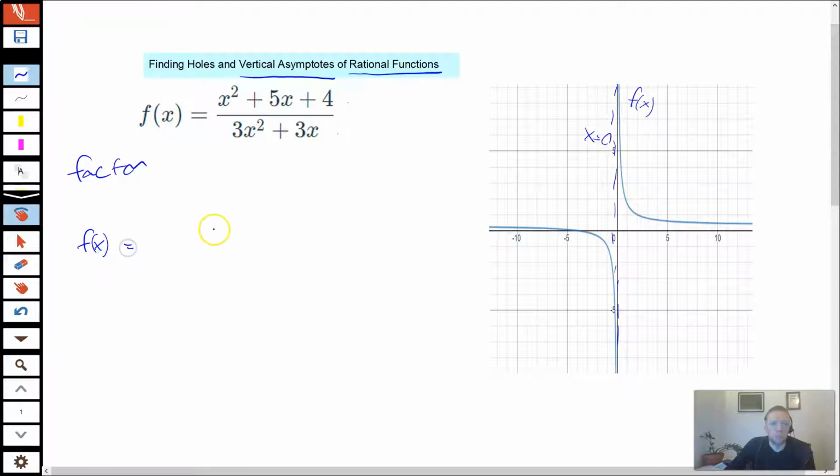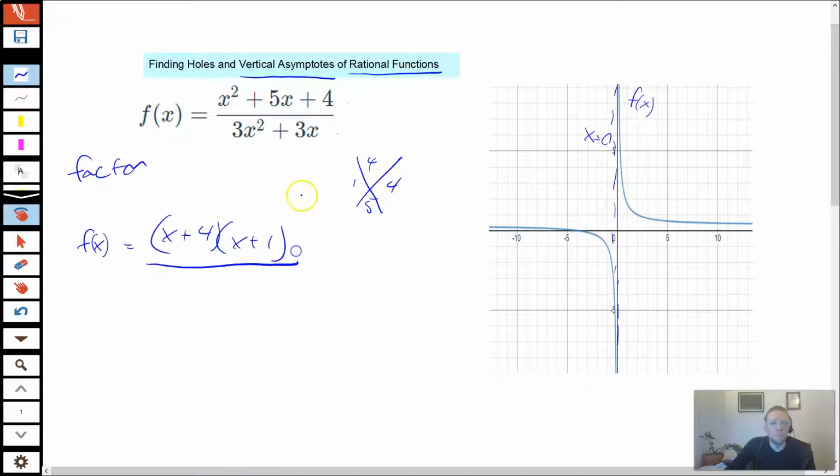So f of x would be, on top, well, x plus 4 times x plus 1. And remember, all I did there was use your X method that you guys like, and I got 1 and 4.